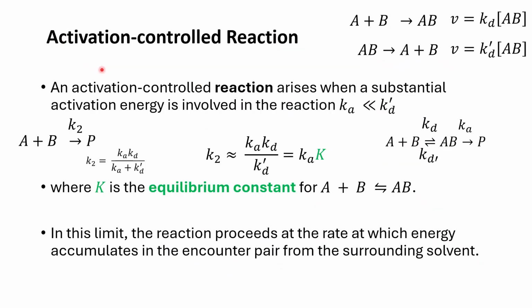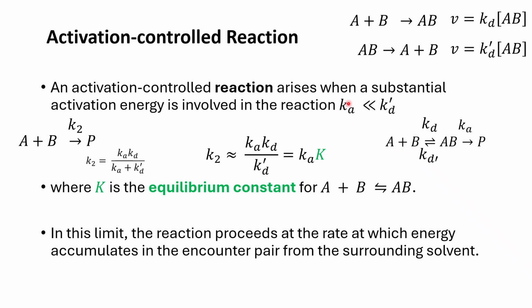And this is the other limit for the determination of the rate of the reactions, which is known as the activation control reaction. In these reactions, the rate constant for product formation, Ka, is much smaller compared to the rate of dissociation of the encounter pair back to the reactants.